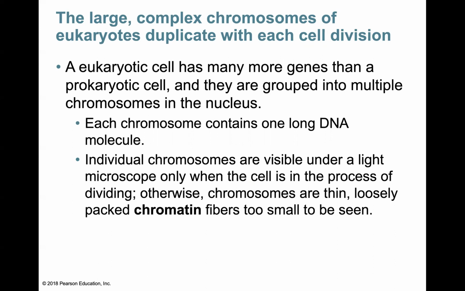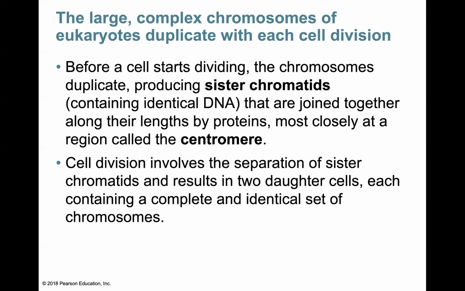Otherwise, these chromosomes are thin, loosely packed chromatin fibers that are too small to be seen. So we'll see here throughout this process of mitosis when these chromosomes will become visible, all right? So before a cell starts dividing, the chromosomes duplicate, right? Producing sister chromatids, and we'll be able to identify what these sister chromatids look like, all right?